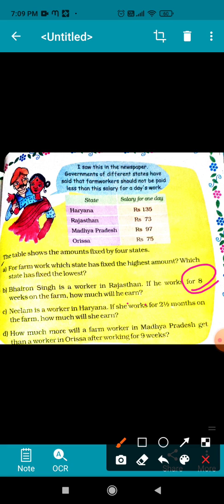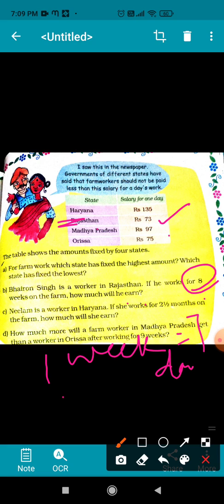Here you can see Bhairav Singh is a worker of Rajasthan, and Rajasthan's one day salary is 73 rupees. And he works for 8 weeks. 8 weeks means 1 week has 7 days. So 8 weeks will have more, means 8 sevens are 56 days.